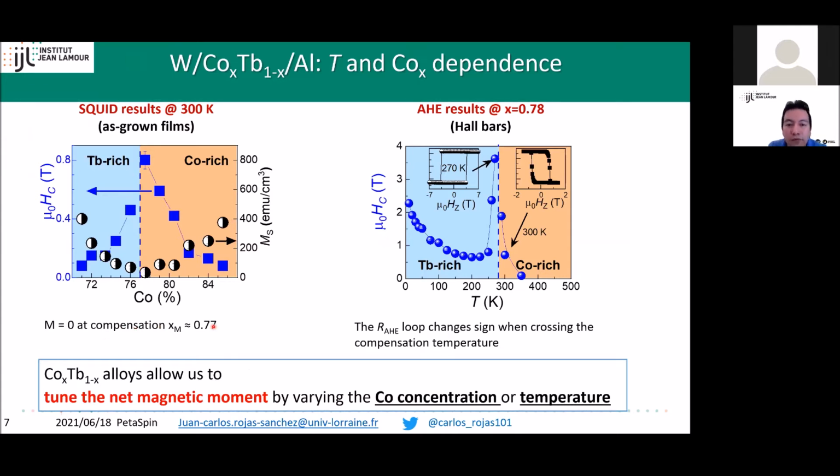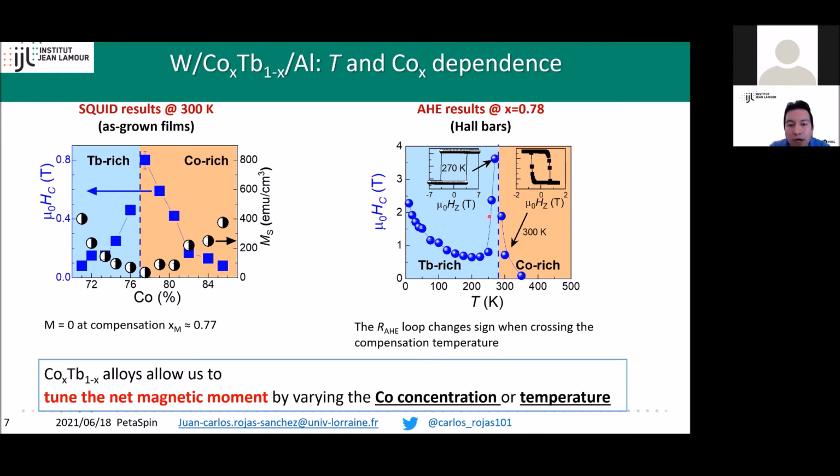Once again, as a function of temperature, here are the results on this particular composition, the coercive field here, the blue points, and we see that it decreases when we increase temperature, which is the typical 1/T behavior in magnetic material. But when we start to get close to the magnetic compensation temperature, the coercive field starts to increase, to diverge, and then after the magnetic compensation temperature, it decreases much faster.